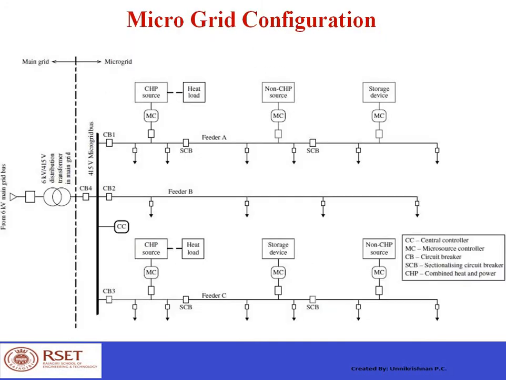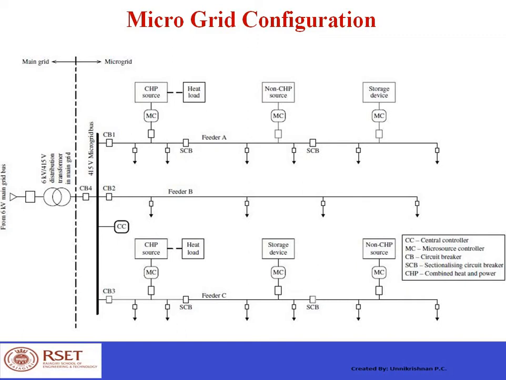This is another configuration of a microgrid. Here you can see 3 feeders: feeder A, feeder B, and feeder C. In feeder A, first you will see CB1, which is a circuit breaker. Similarly, in feeder B, you will see another circuit breaker, CB2.